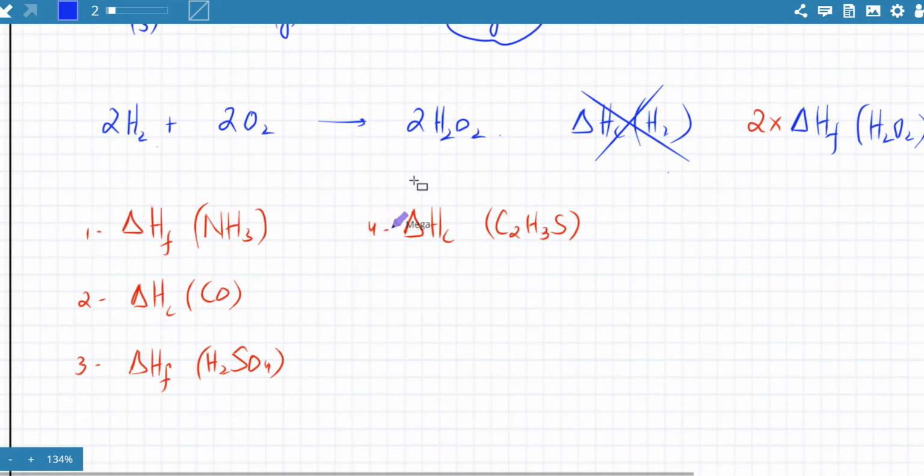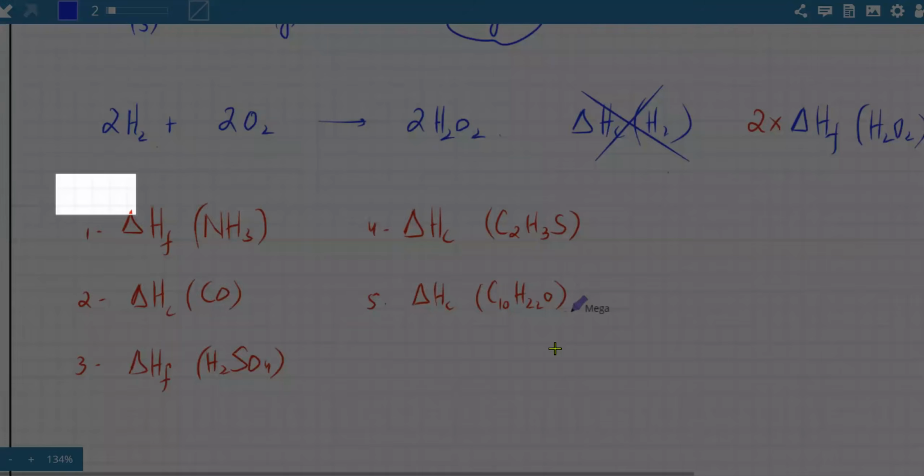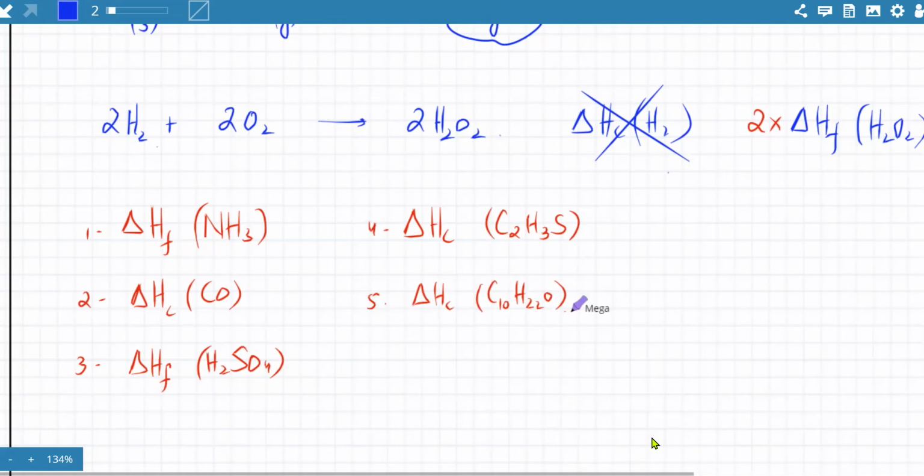So that's number 4. And this one is number 5, which is enthalpy of combustion of, let's say, so these 5, give me the equations that correspond to these enthalpy change values.